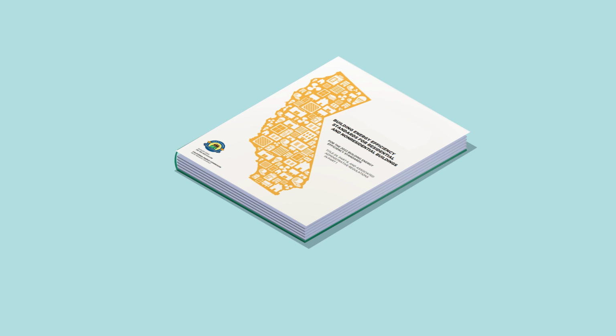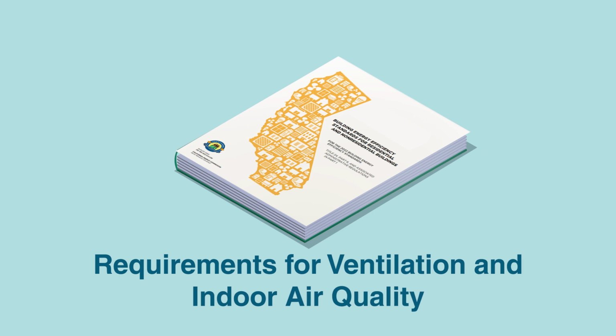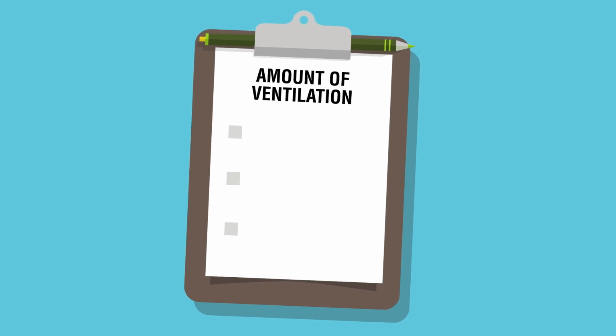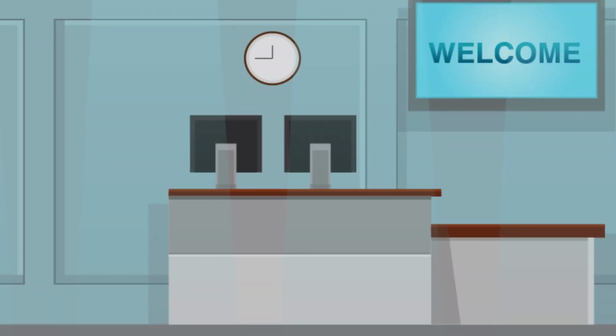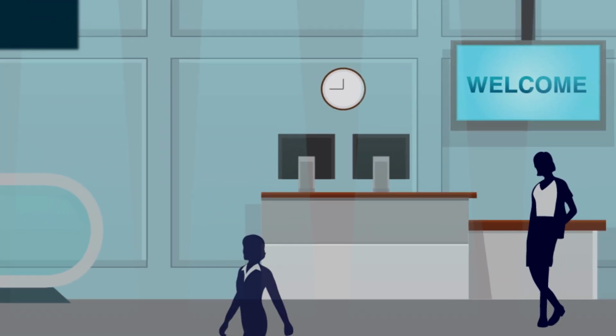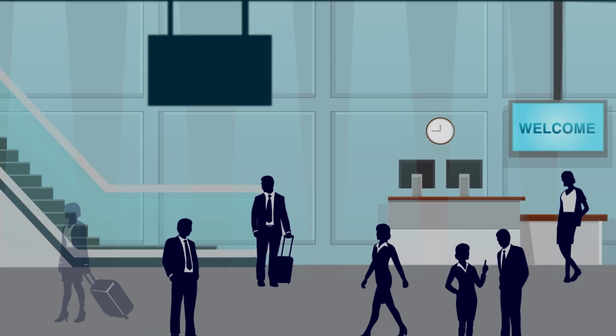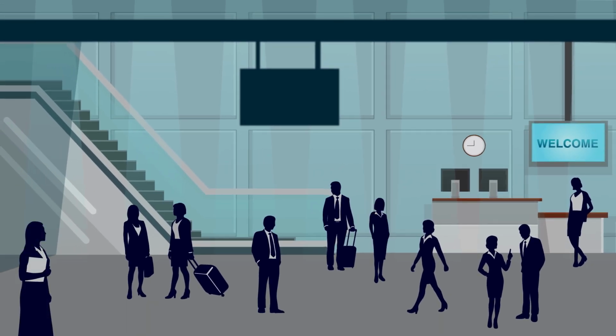In California, the Building Energy Efficiency Standards, Section 120.1 on Requirements for Ventilation and Indoor Air Quality sets the amount of ventilation required for a space. The amount of ventilation depends on the building's main use, expected number of people inside, and size of the space. Bigger spaces require more ventilation, as do spaces where more people pack together.